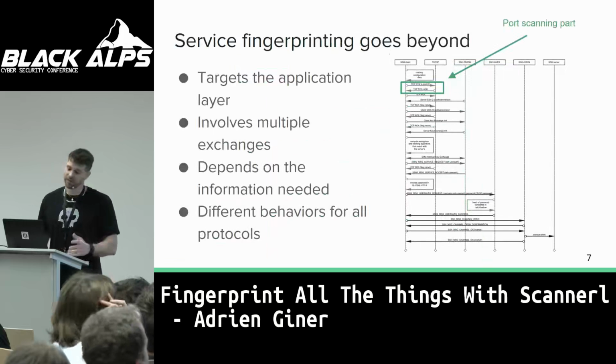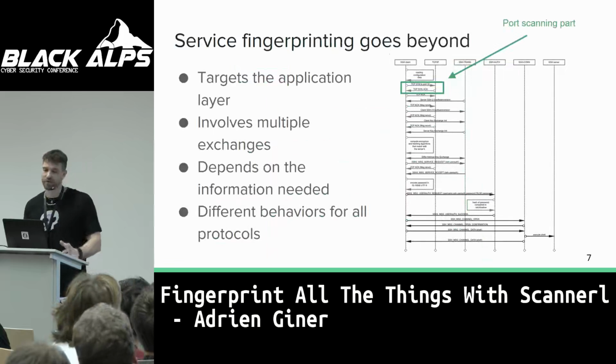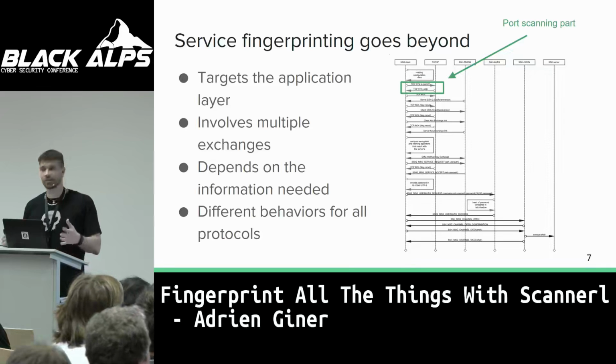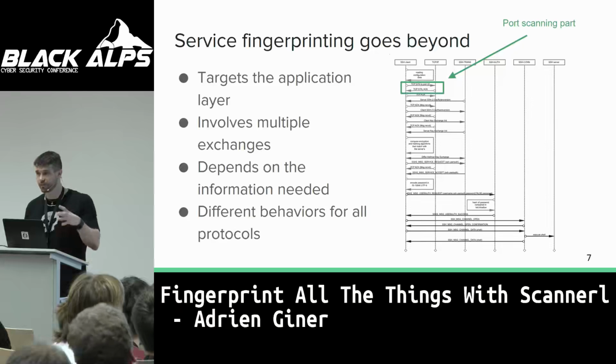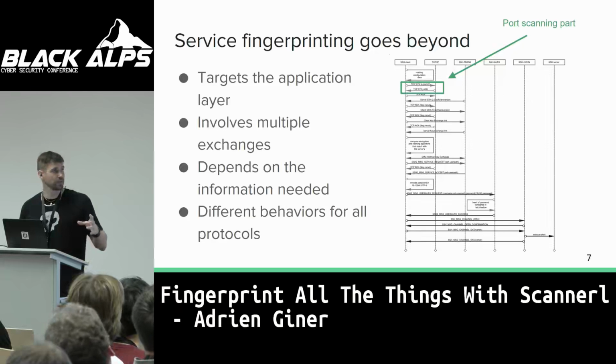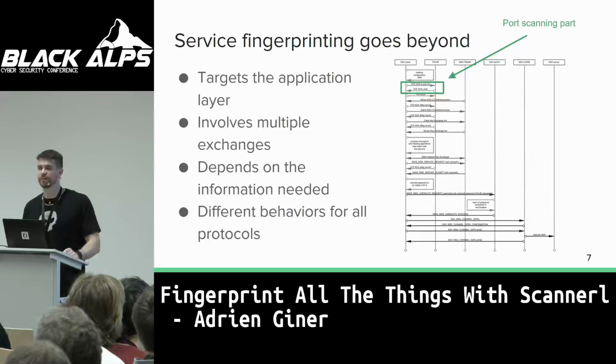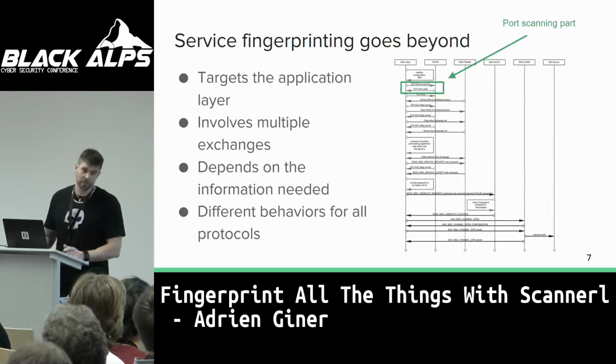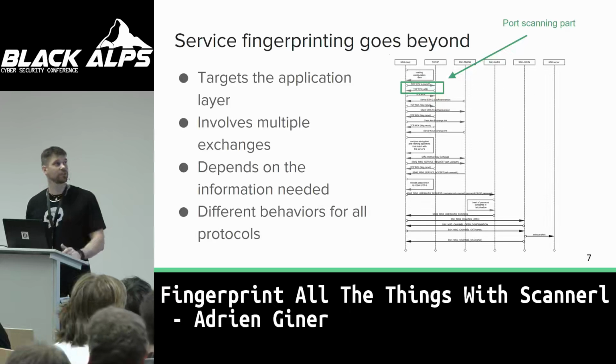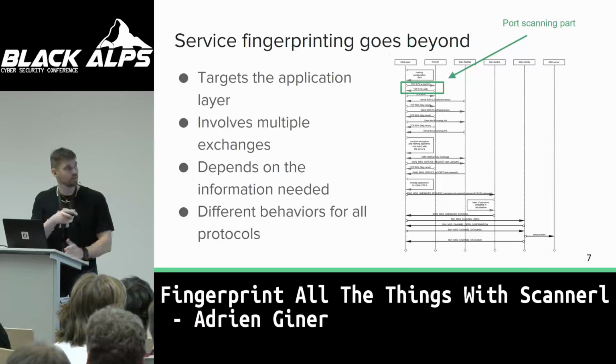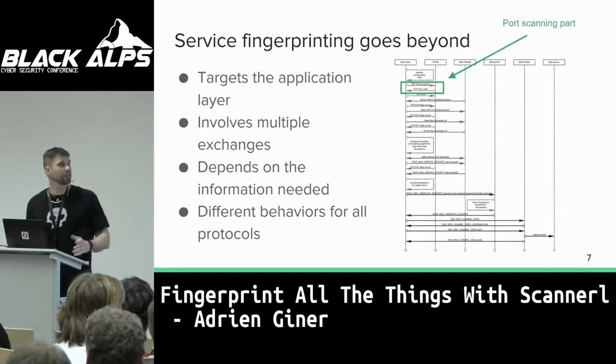But service fingerprinting, on the other hand, goes much beyond. Instead of wanting to know the status of a port, you want to interact with the service that is running behind that port. So you have to do multiple exchanges to do that. On the right side, I know it's too small, that's not the idea to read it, but this is an SSH connection establishment.